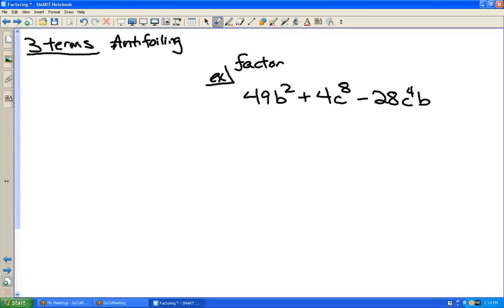All right, so first step, same as everything. See if there's a GCF. So I shouldn't have to repeat myself, but I do, because this is actually a very important first step. So even though it's on the first step of our notes, we're going to keep reminding ourselves to do it.